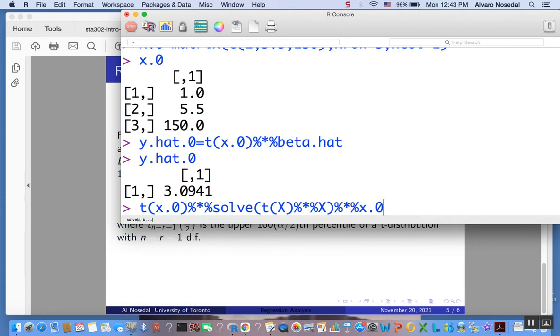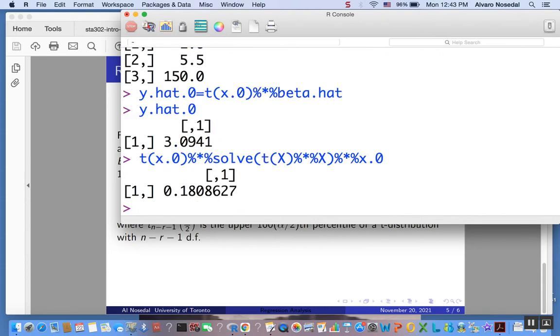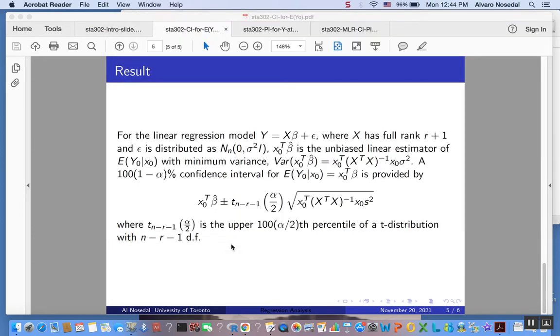If we did this correctly, we should end up with a number that makes sense. So that means that we have the dimensions right. Okay, so now we want that standard error.